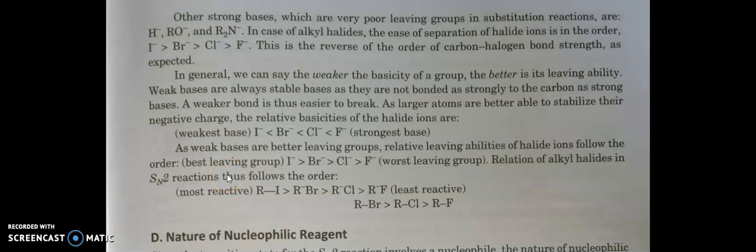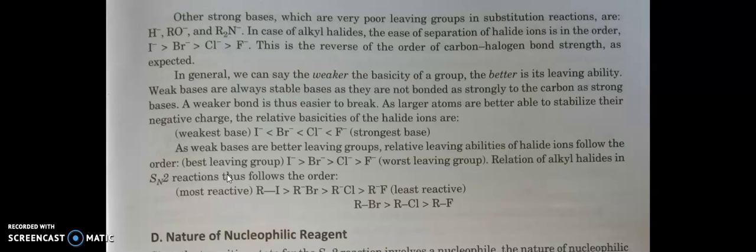Other strong bases which are very poor leaving groups in substitution reactions are H minus, RO minus and R2N minus. In the case of alkyl halides, the ease of separation of halide follows the order I minus greater than Br minus greater than Cl minus greater than F minus. This is the reverse of the order of carbon-halogen bond strength, as expected.